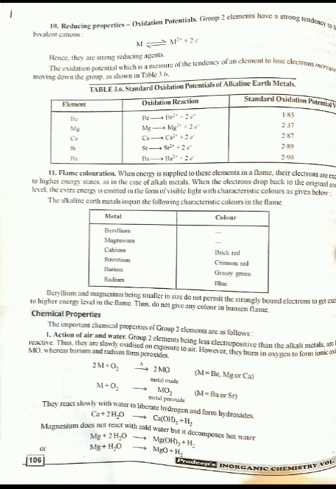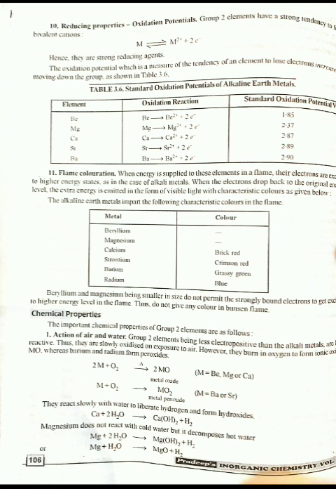Table 3.6 Standard oxidation potentials of alkaline earth metals. Beryllium: Be gives Be2+ plus 2 electrons, standard oxidation potential 1.85 volt. Magnesium: Mg gives Mg2+ plus 2 electrons, standard oxidation potential 2.37 volt.